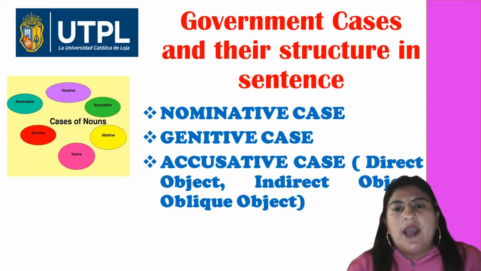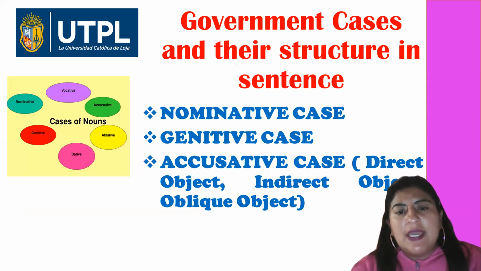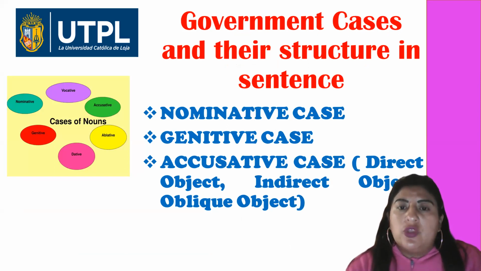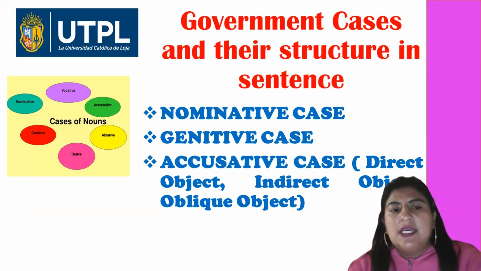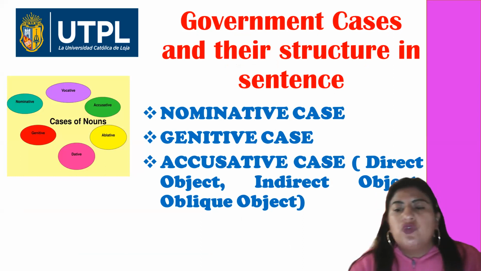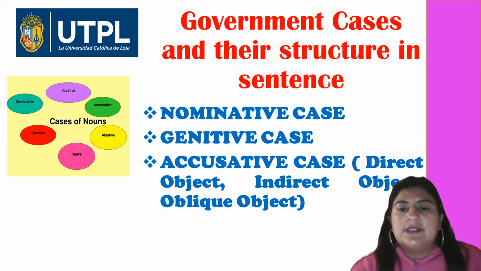In English, we have 6 different government cases, but I took the most 3 important cases. Those are nominative case, genitive case, accusative case. In accusative case, we have 3 ways to form accusative case: direct object, indirect object, and oblique object.